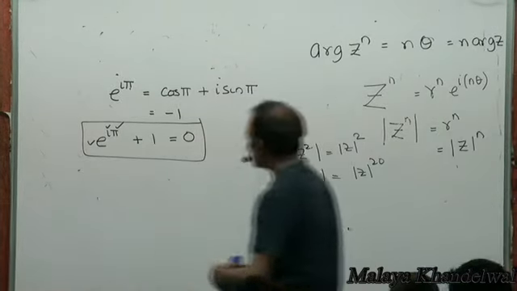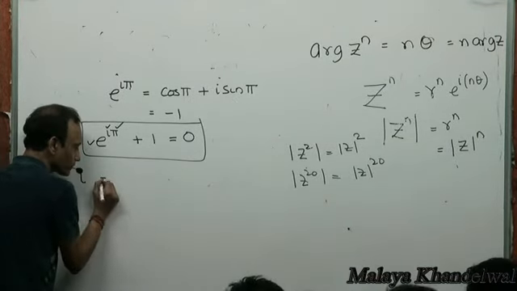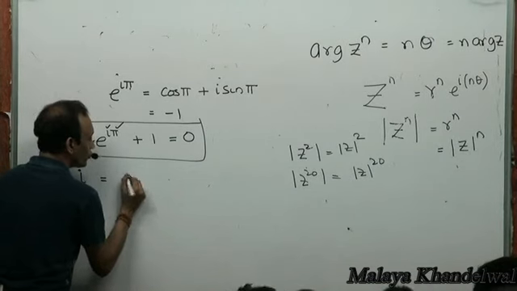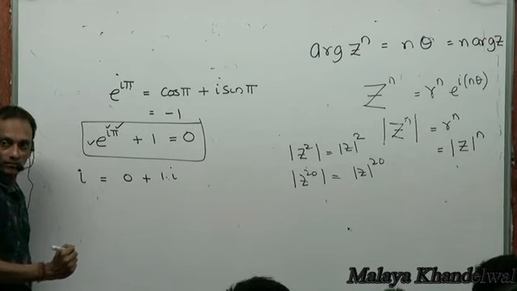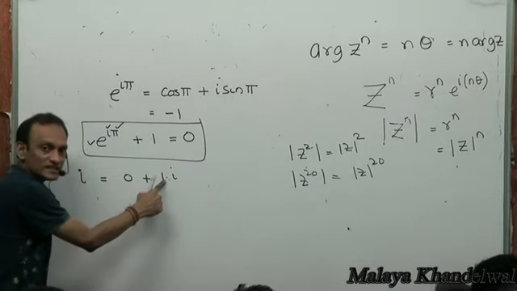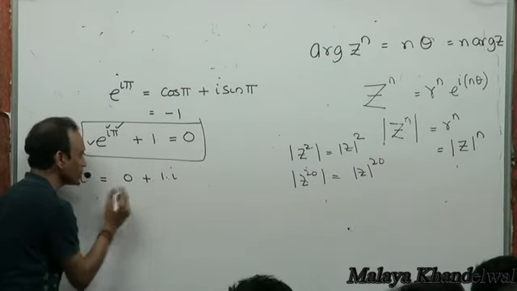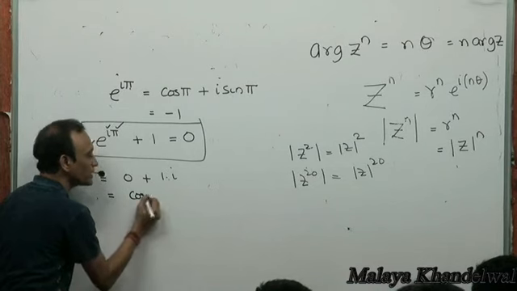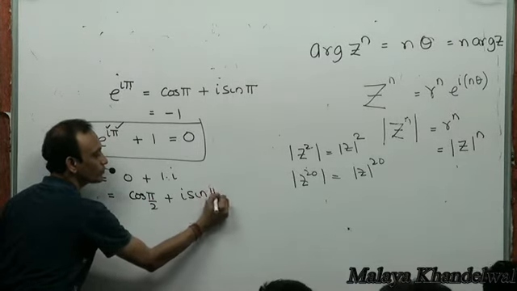And i can also be written as 0 plus 1 into i. 0 is cos 90, 1 is sin 90. Yes or no? So this is cos pi by 2 plus i sin pi by 2.